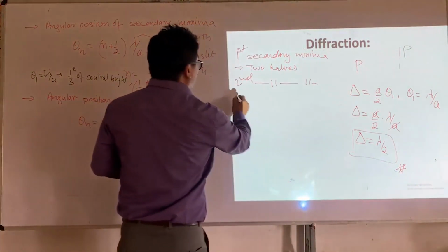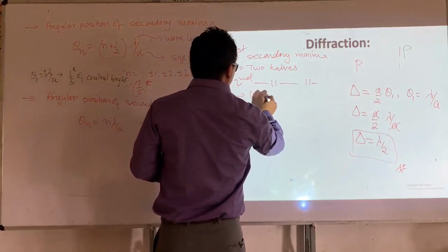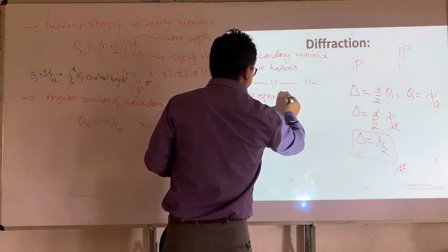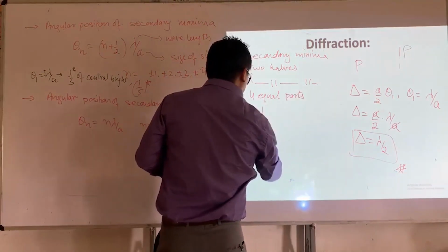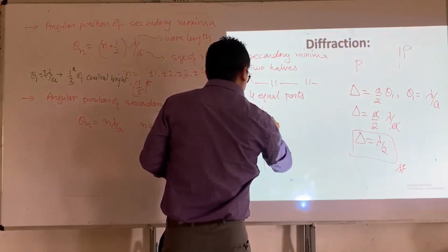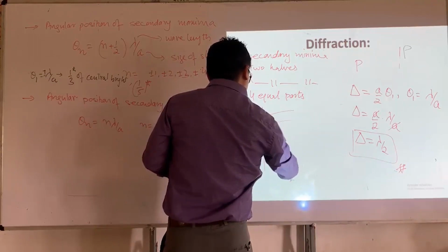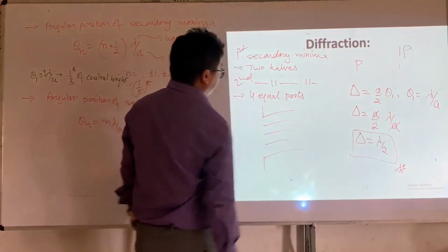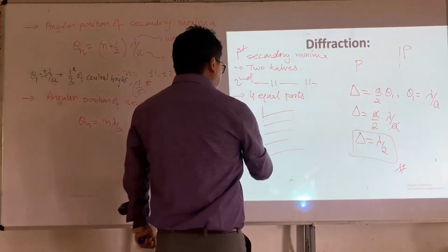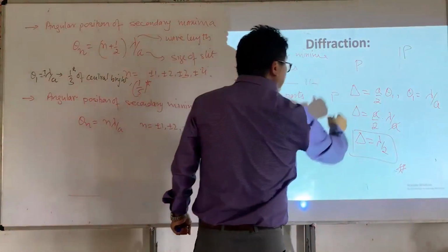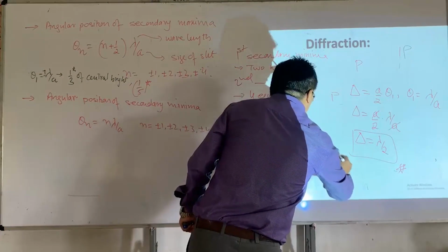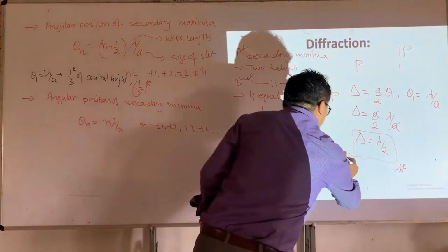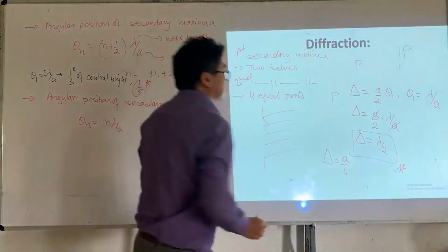For the second secondary minima, divide this into 4 equal parts: one, two, three, four. And this is some point B on the screen. Path difference, what is the path difference between these two? The path difference between these two is going to be a by 4.